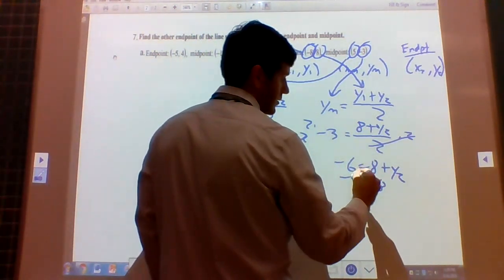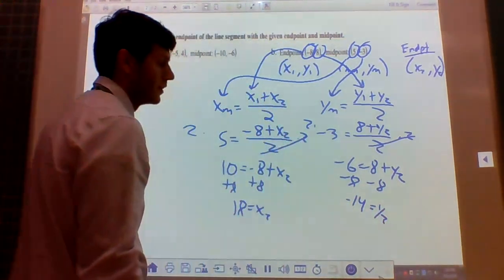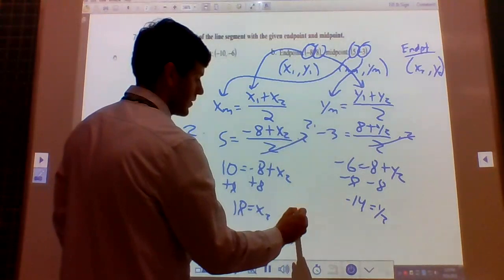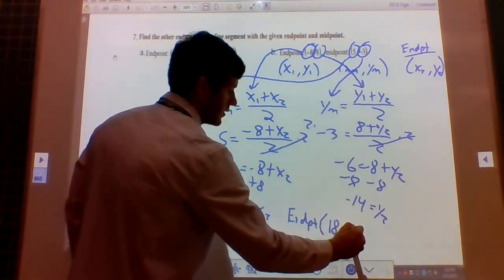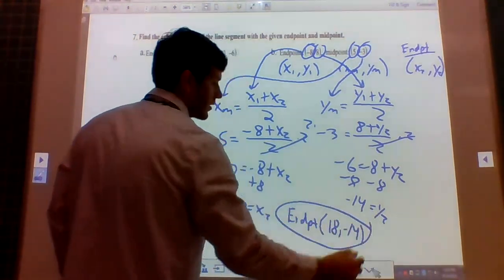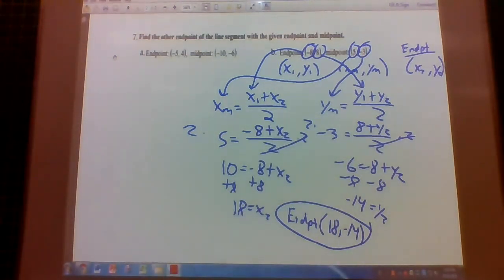We subtract 8 and get -14 equals y2, again just like we said. So our endpoint is going to be 18, -14. And it's that straightforward. Nothing too complicated, nothing too crazy.